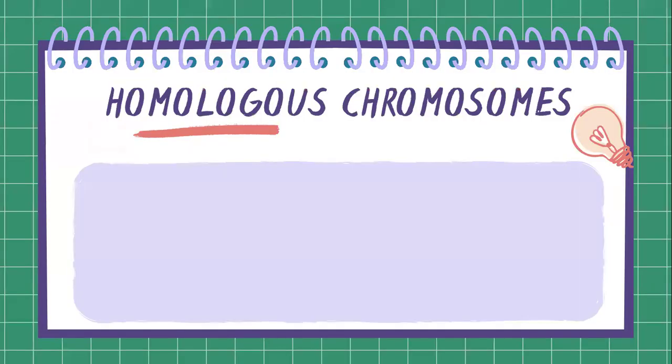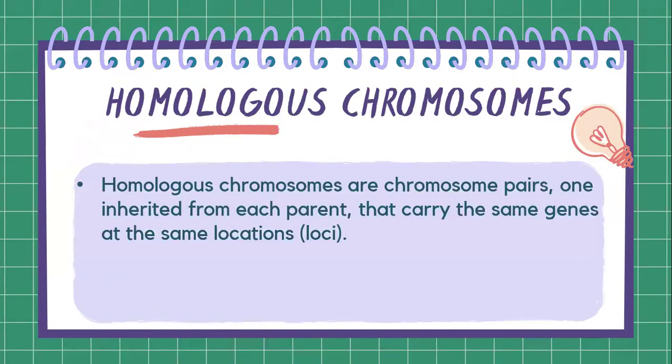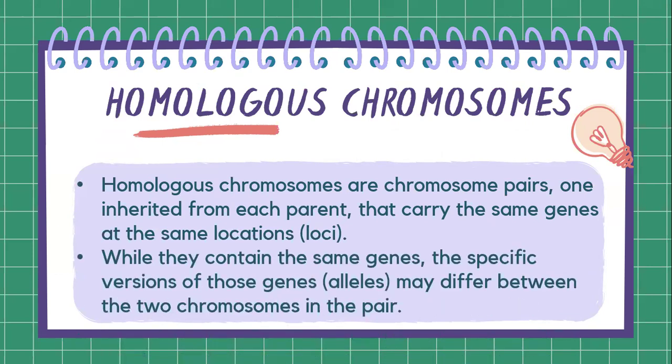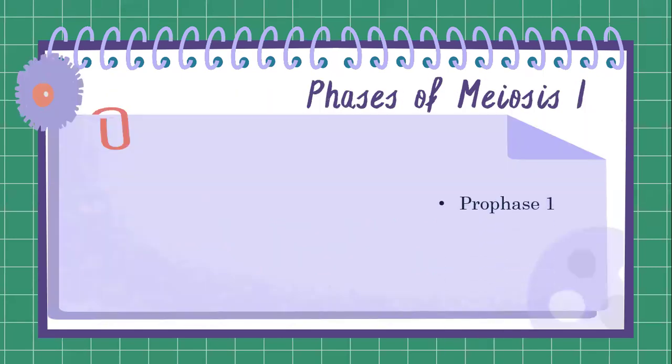Okay. Then the definition of homologous chromosomes: homologous chromosomes are chromosome pairs, one inherited from each parent, that carry the same genes at the same location. And while they contain the same genes, the specific version of those genes may differ between the two chromosomes in the pair. Now, the phases of meiosis have come.